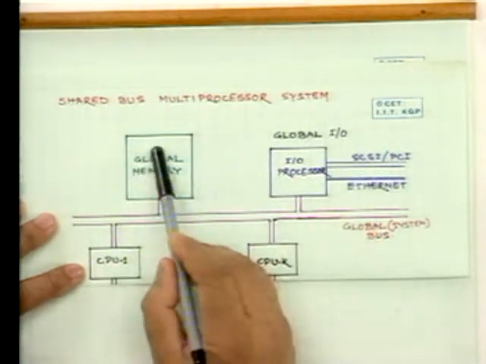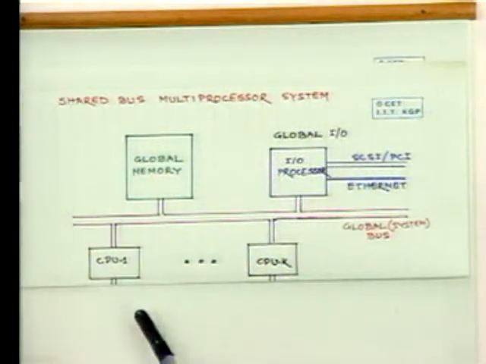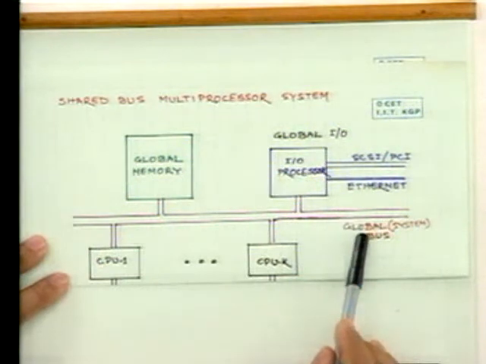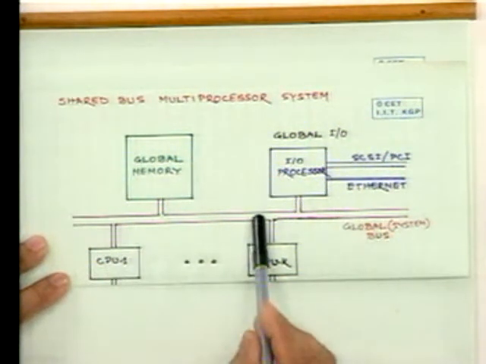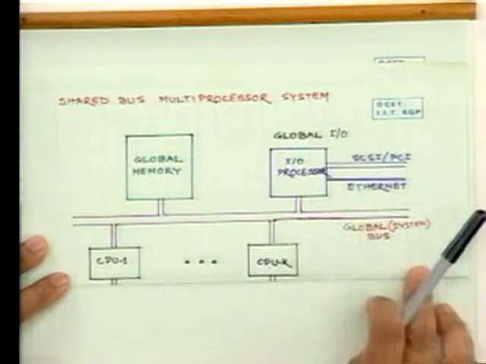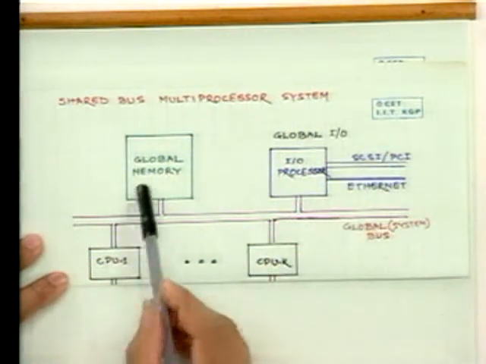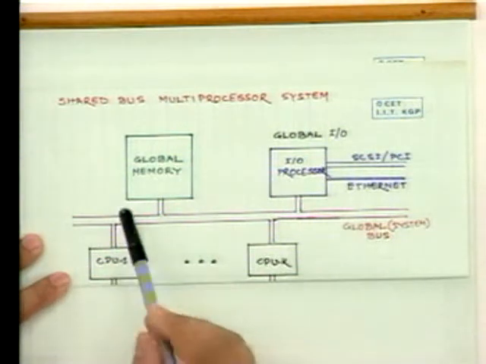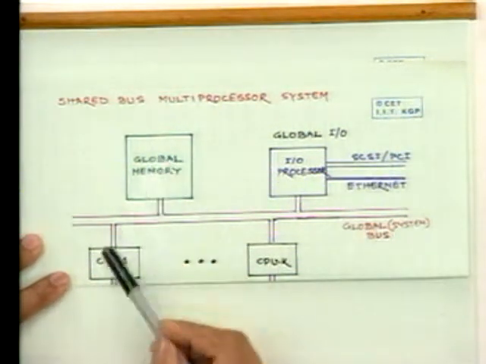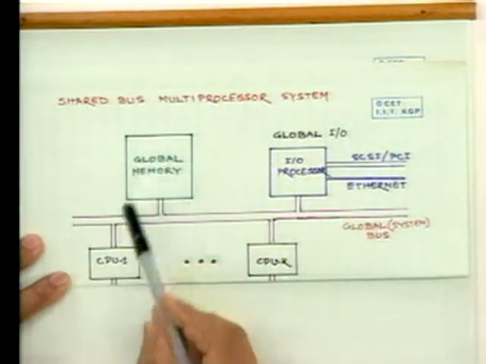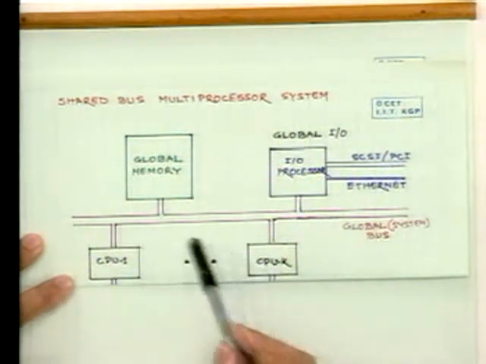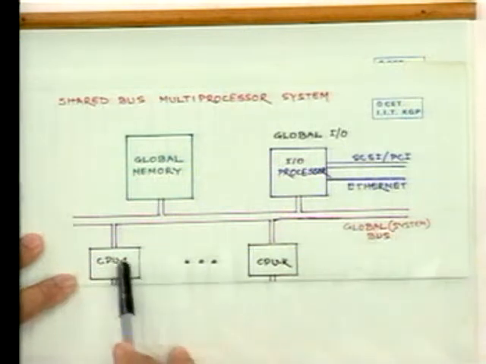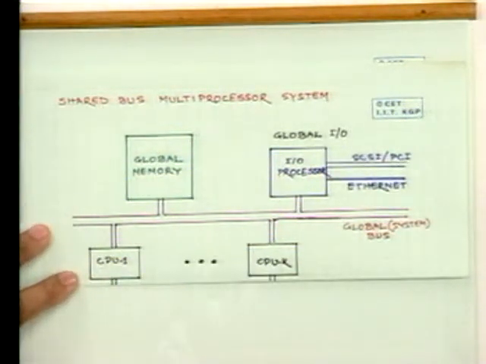The shared data is also in the global memory. Naturally, the global bus has to be very fast because bus contention is there, which has to be resolved. And since they are sharing the same data, the coordination amongst the different processes running in different processors has to be ensured and enforced. Such a situation we call a tightly coupled system.